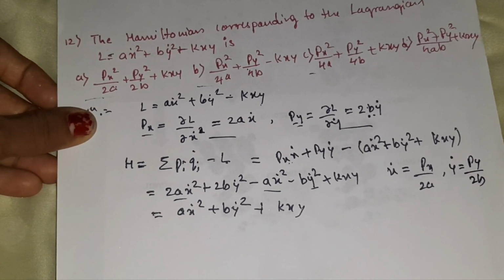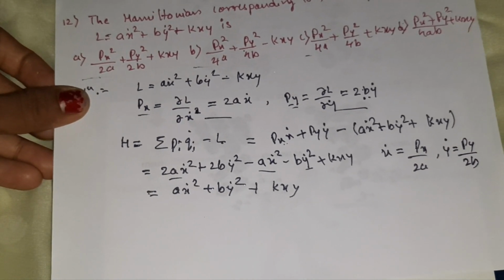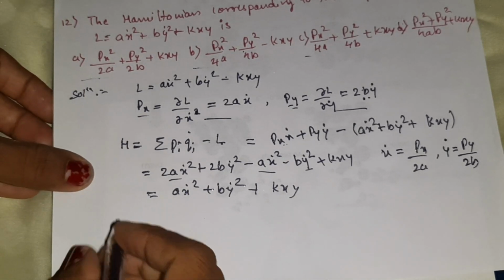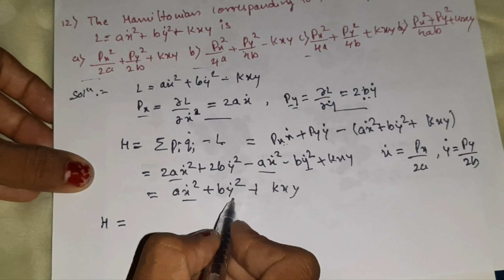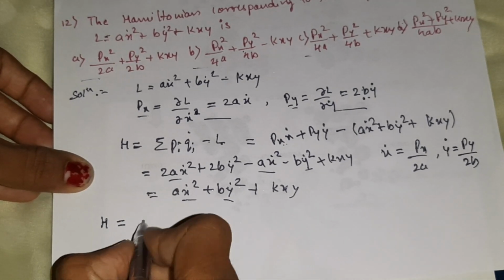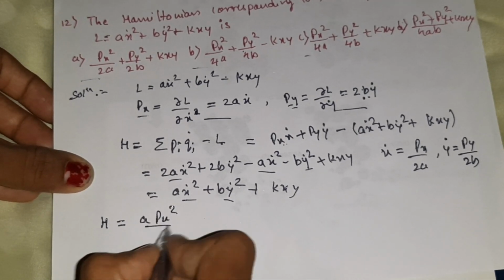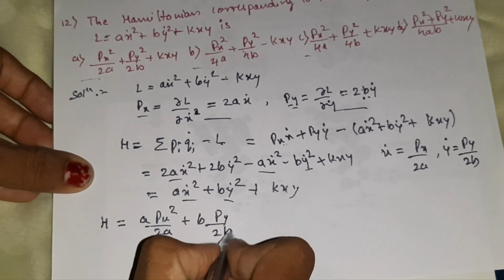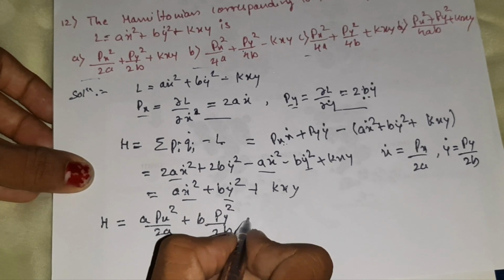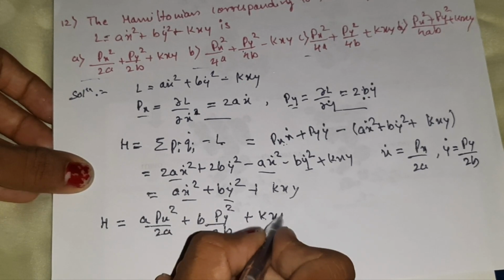Then we substitute the x dot and y dot values in the Hamiltonian H: a px square by 2a plus b py square by 2b plus kxy.